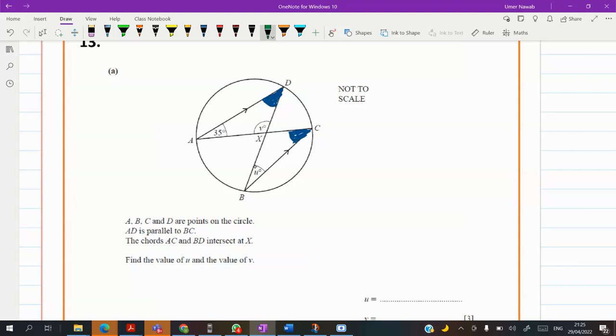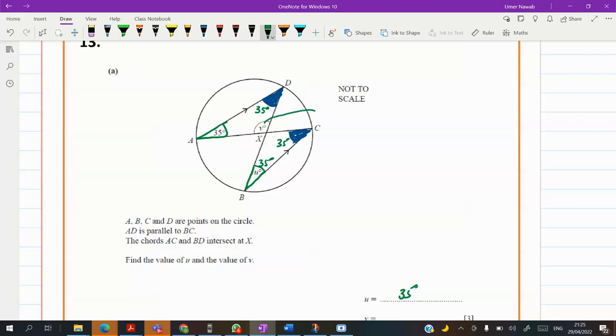And the angle here, this U, will be the same as angle at A, 35. So U is equal to 35, angle in the same segment, 35. So this is also 35, right? And as per the parallel lines, this is 35 and this is also 35.